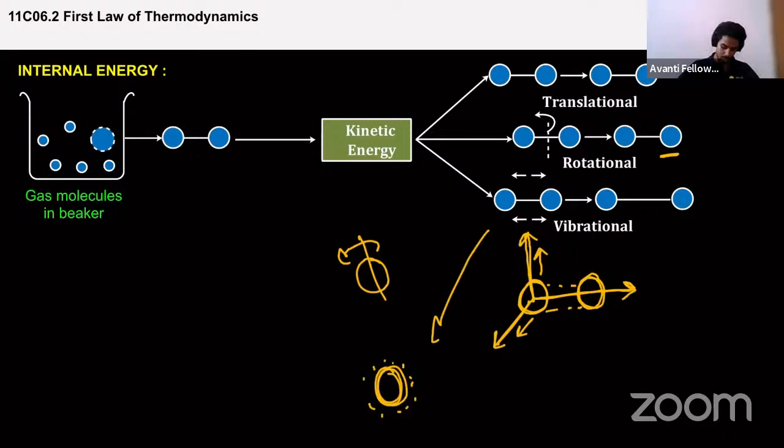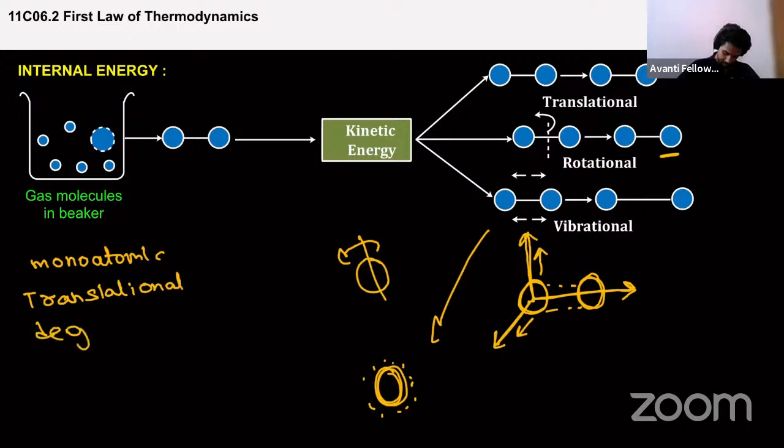If we see in case of monoatomic gases, translational degree of freedom is 3 for monoatomic gases. Okay.